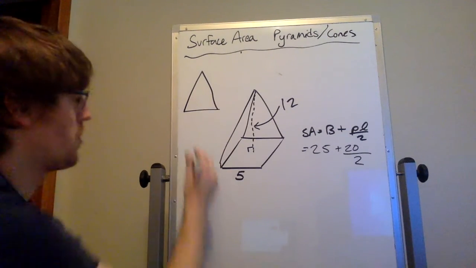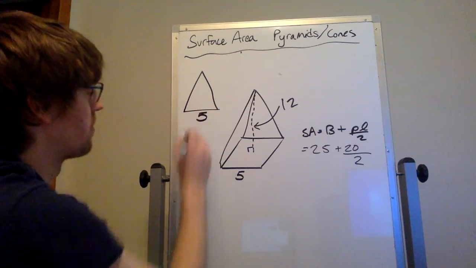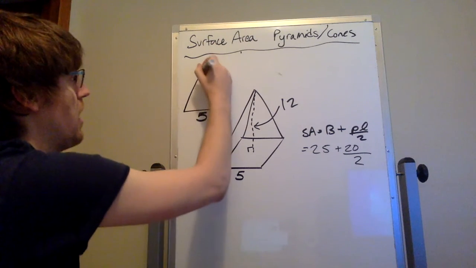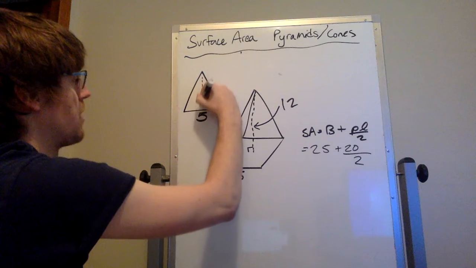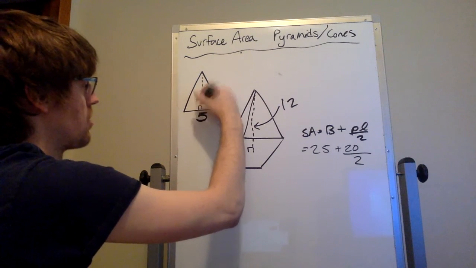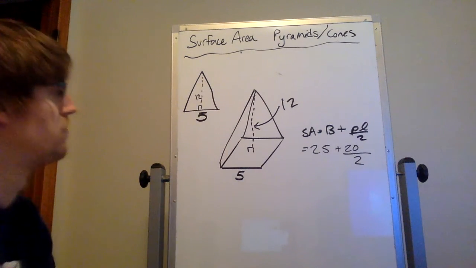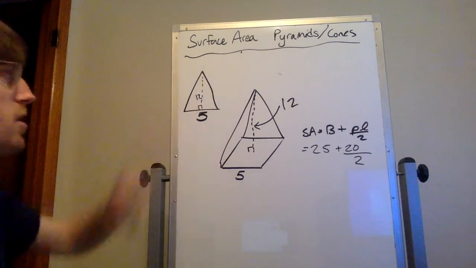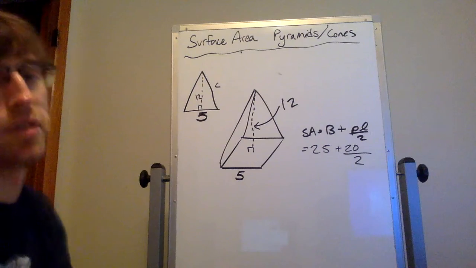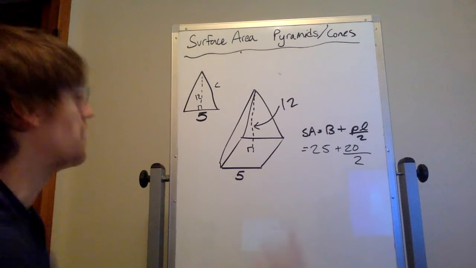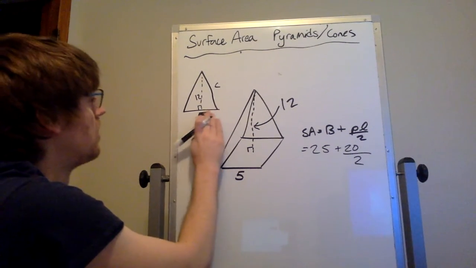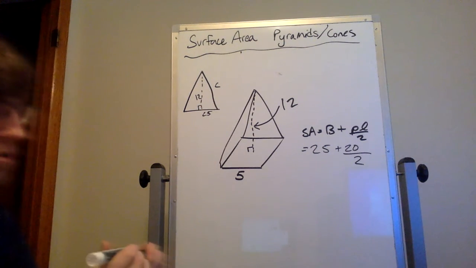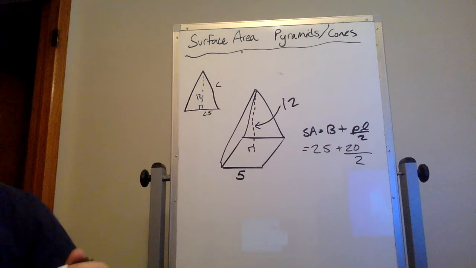I said this was 5, and the vertical height is 12. I need to find the slant height right here. So very clearly I'm going to be using the Pythagorean theorem. If the whole length is 5, half of that is 2.5. So now I just need a squared plus b squared equals c squared.